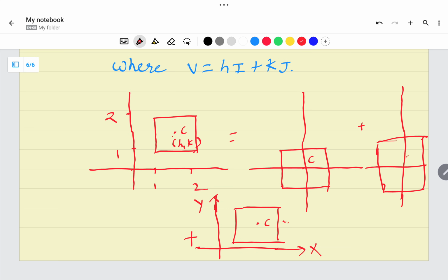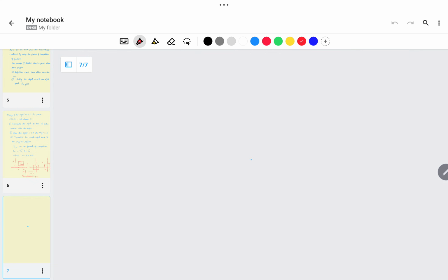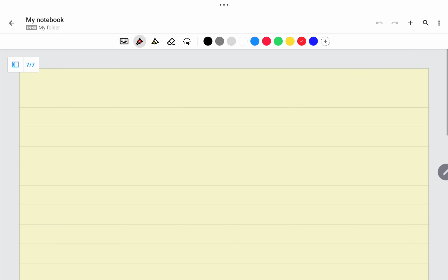Now let us learn about the matrix form of these transformations. Matrix description.